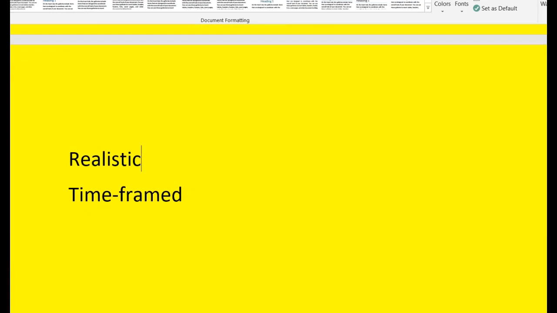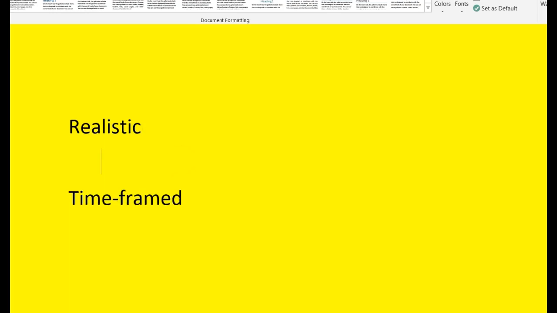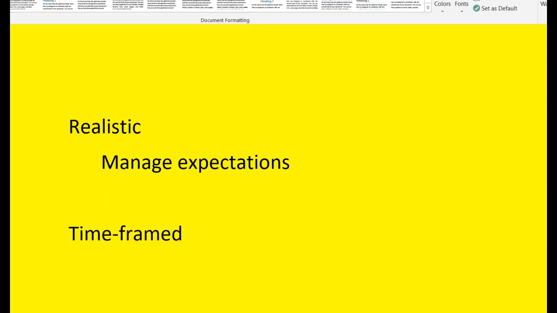Realistic sounds self-explanatory, but you need to manage expectations. Both your team members' expectations and your organization's expectations. So, you got to get 100% buy-in.